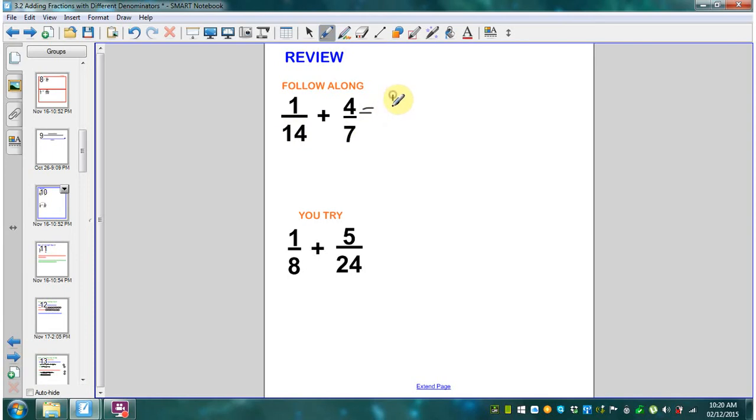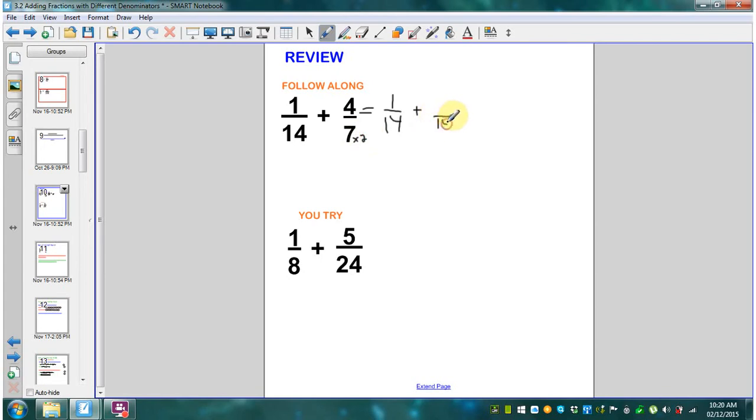So that's what we'll do. 1 over 14. We just kept this fraction here. Bring over my plus. We want the same denominator here on the bottom, so we want to multiply our 7 by 2. I'm just going to make a note of that to get 14. That's great. That's where we want it.